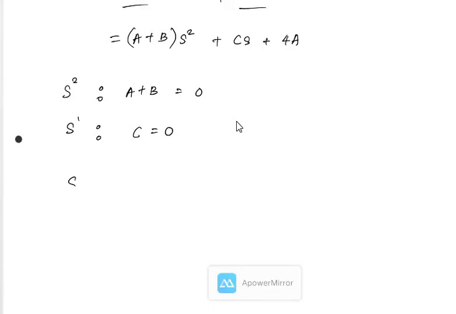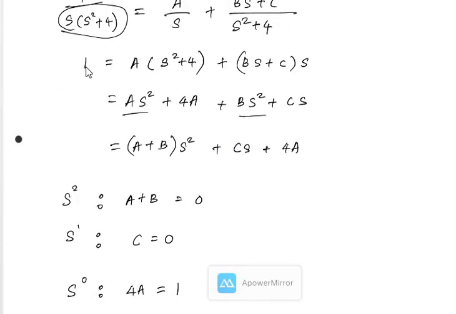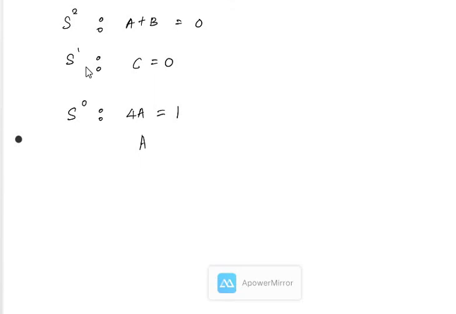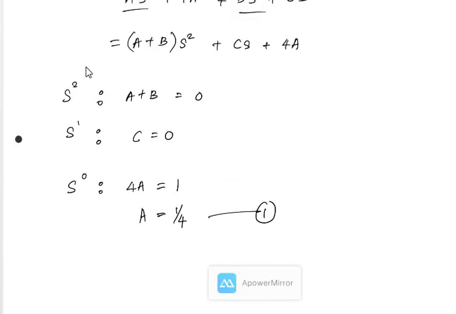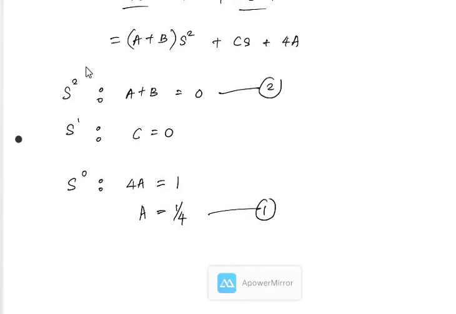Then we compare s to the power of 0: we have 4a on the right hand side, and on the left hand side we have the value of 1. So a is equal to 1 over 4. This is equation number 1, and I assume a plus b equals 0 is equation number 2.